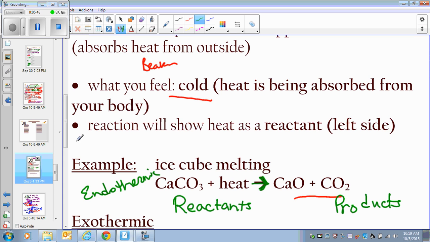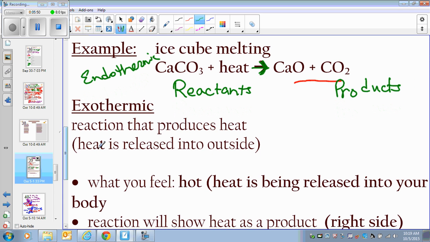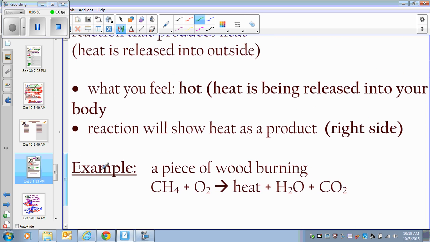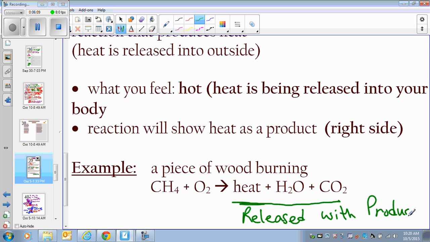So that's endothermic. Exothermic means the reaction doesn't need heat, but it will give you extra heat. So when you touch it, it will feel hot, and the heat will be released with the products. So you will have the reactants here.